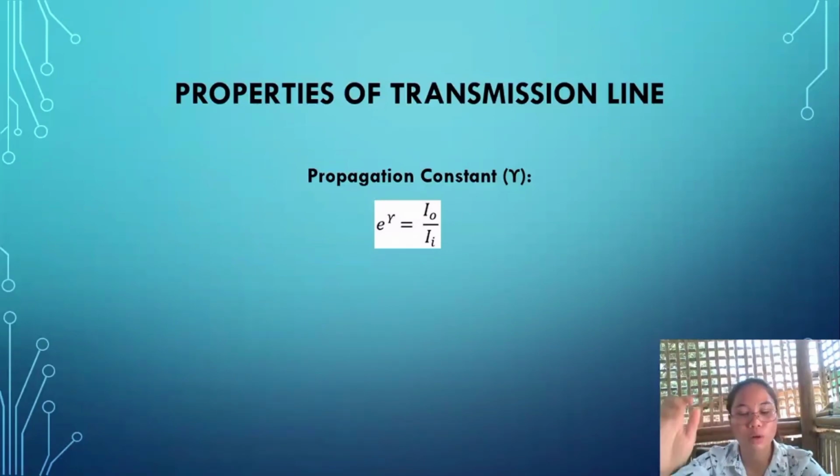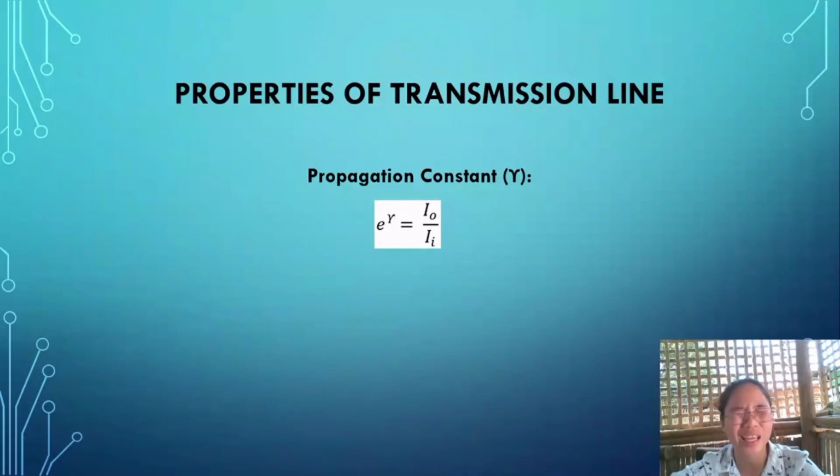So that ends our discussion. For the transmission of a signal having a high frequency range over short as well as long distances, transmission lines are used.